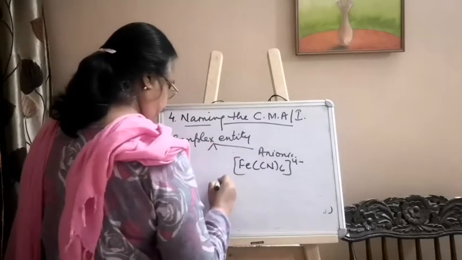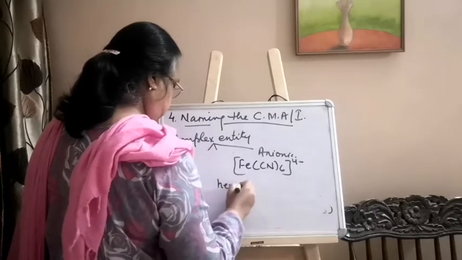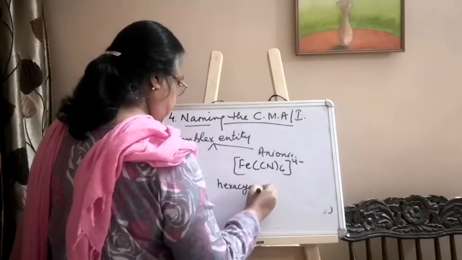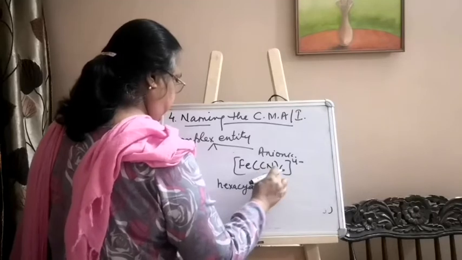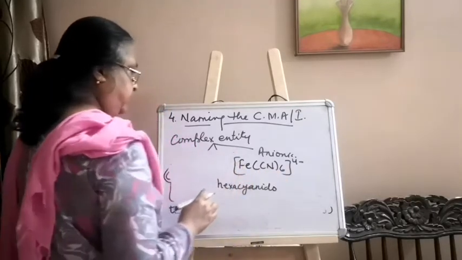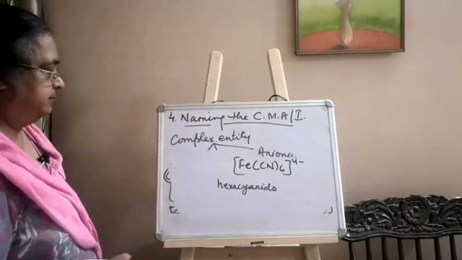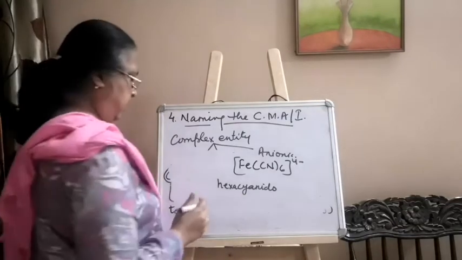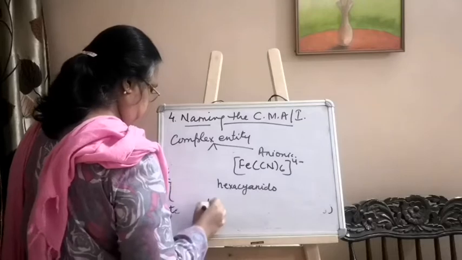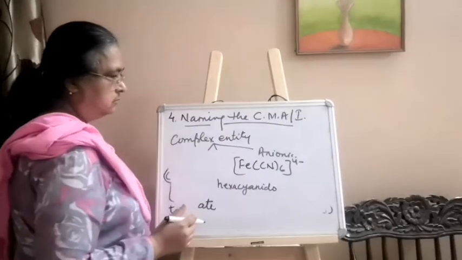So what will it be? Hexacyanide, the name of the ligand. Then we have iron. Here you will have to use its Latin name, that is ferrum, but the name will be ending with ATE. That you have to remember.